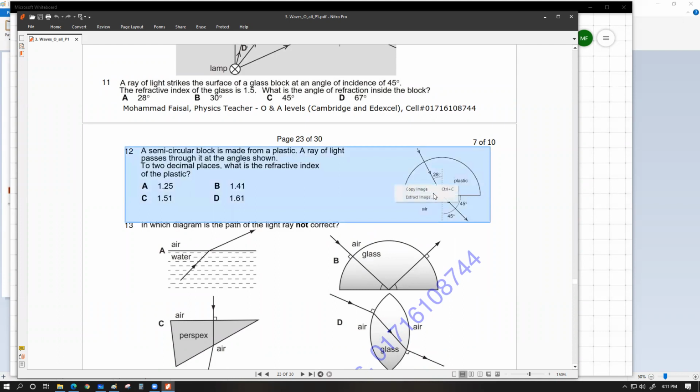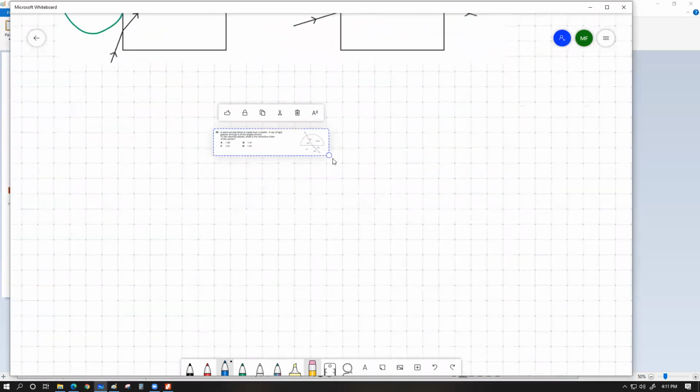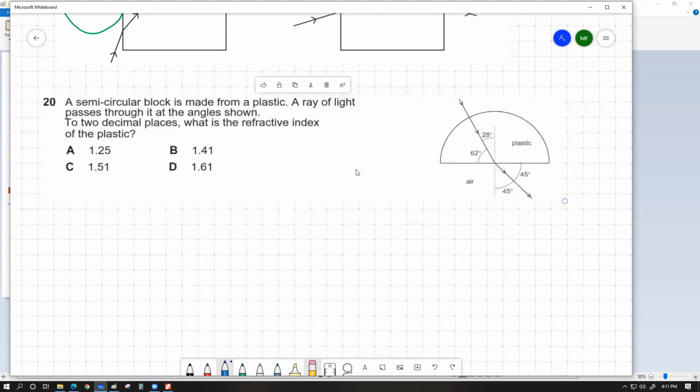Try this one, number 12. Just use calculator and tell me the correct option.